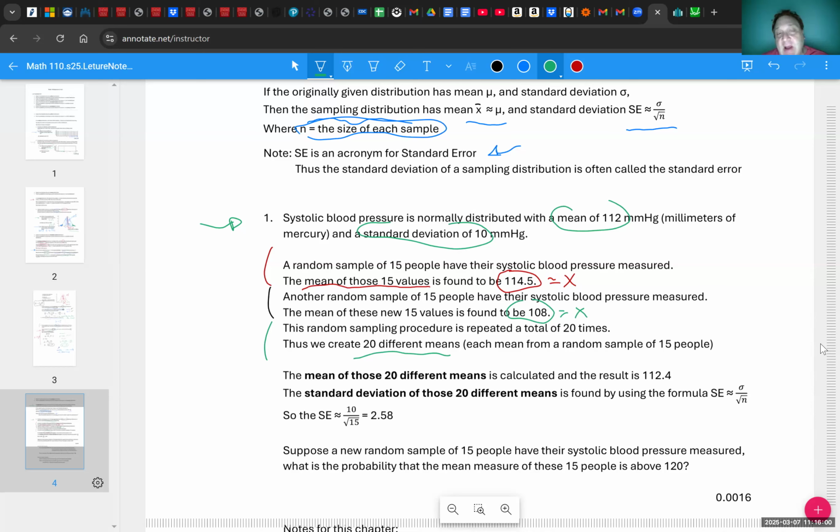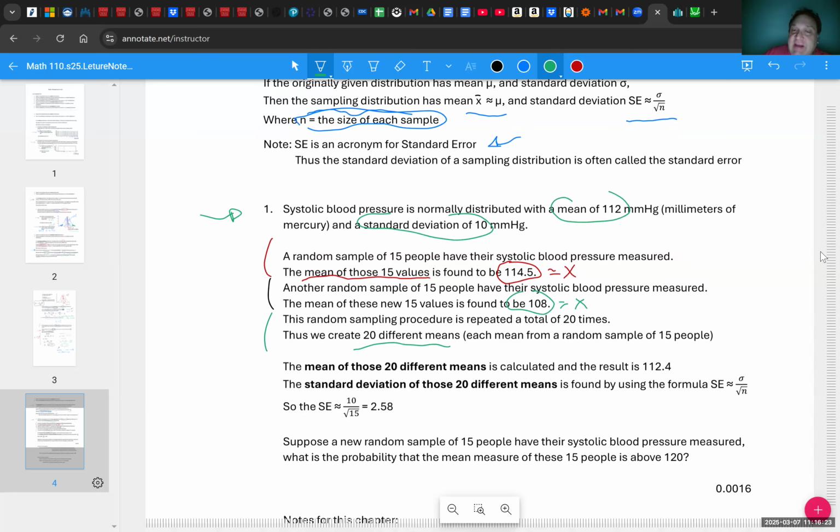What's the shape of the distribution of those 20 different means? We're just doing the same calculation we did before, but the X value was weird. It's not blood pressure. The X value is the average or the mean blood pressure of 15 people taken at random.